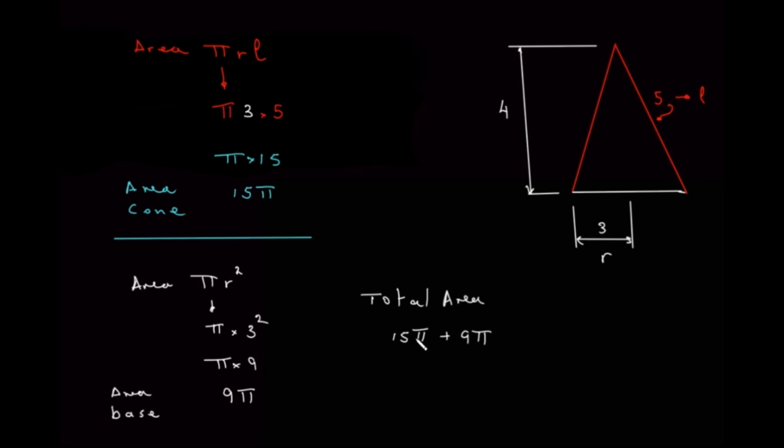So we've got 15 of these, put with 9 of these, add 9 and 15, and we get 24 lots of pi. Right, so the total area of the cone, the funnel part, added to the total area of the circle base gives me 24 pi.